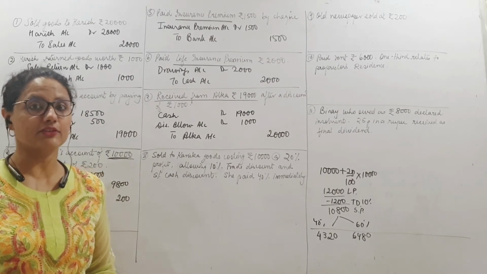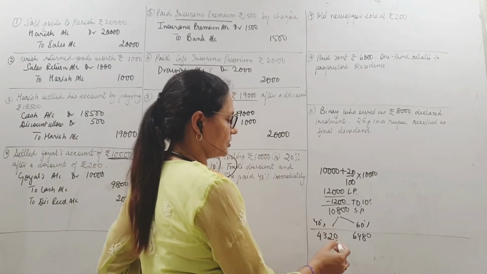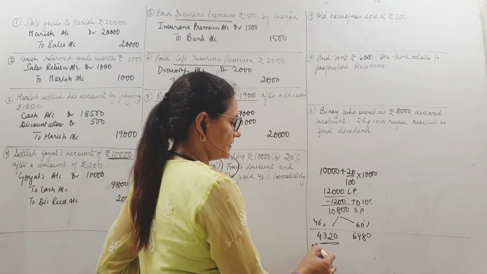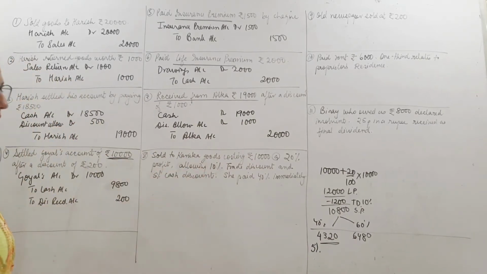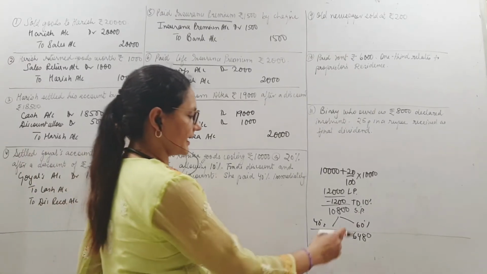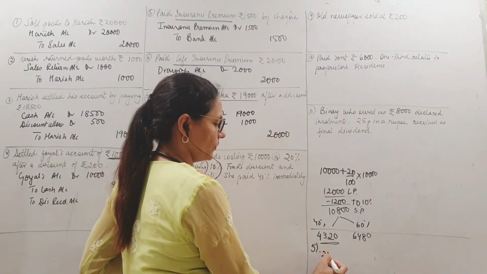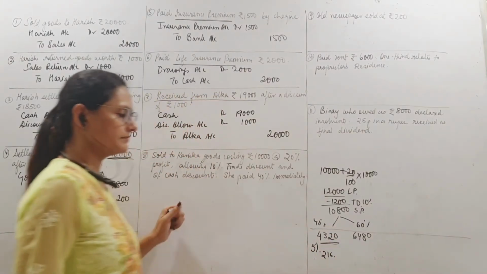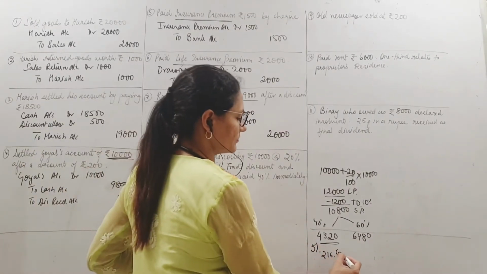On the 40% that she is paying, right? So she is paying only this 40%, she will get 5% cash discount. Okay? How much will that be now? Again, 10% is this, so half of this is 216 rupees. 216 rupees is cash discount.